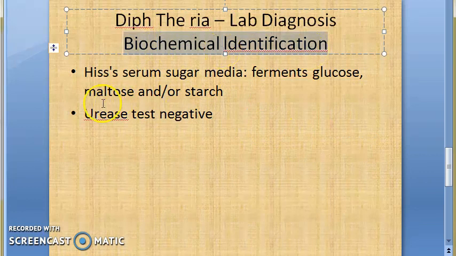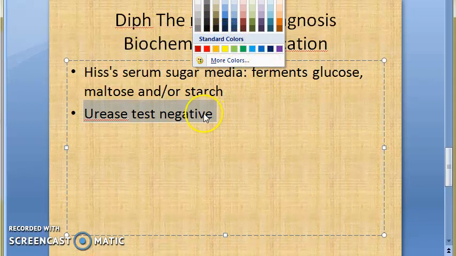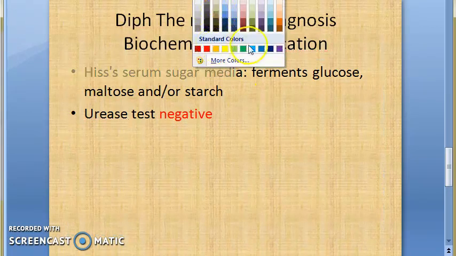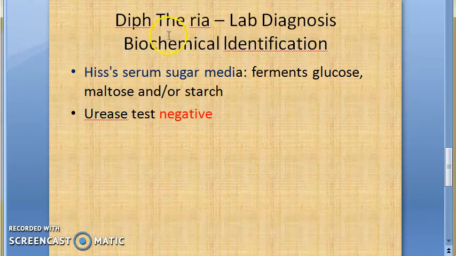Biochemical identification, urease will be negative just like E. coli. On Hiss serum sugar media, it ferments glucose, maltose or starch. We'll come to the details, okay, just look at these for now. Hiss serum sugar media, biochemical identification for diphtheria.